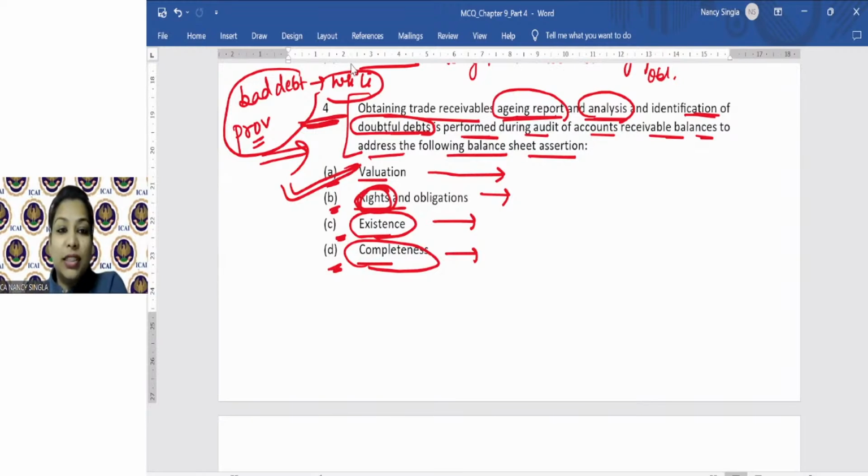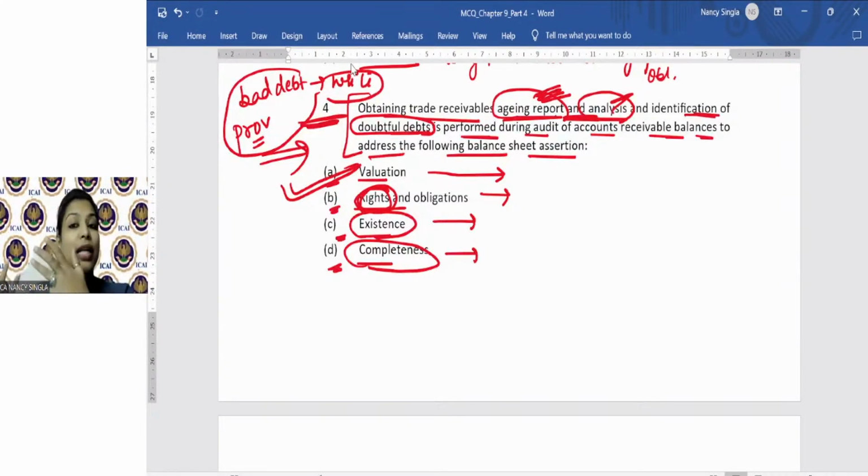Now for all the students whose names I haven't taken, they have not answered it correctly. See, rights and obligations will not be established from the aging report, and for existence you take balance confirmation, you send confirmation request letters, right. What is the purpose of the aging report? You are analyzing how old the debtor is, because the auditor wants to know whether it is doubtful, whether a provision needs to be created or it needs to be written off as bad debt.